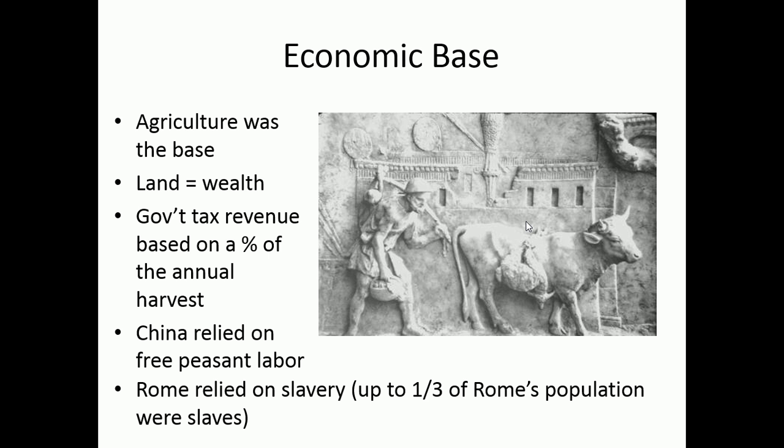Now, as an important point, and I've seen this as a multiple choice question on the AP test before, on the released exams, China really relies on free peasant labor, while Rome relies on slavery. Up to 1/3 of Rome's population were slaves at any given moment.